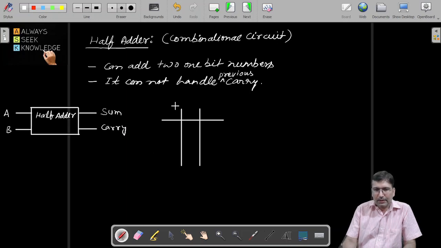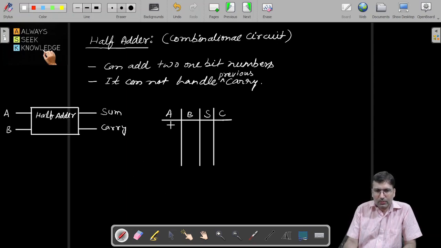We have input A, input B, and we also have sum and carry, right? Sum and carry will be decided by the inputs.